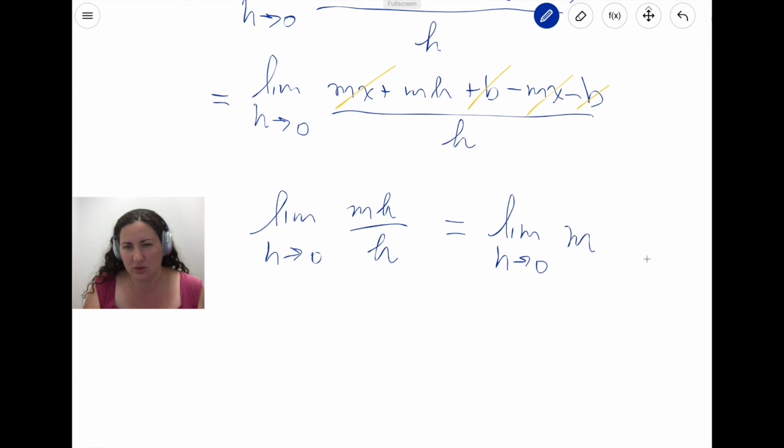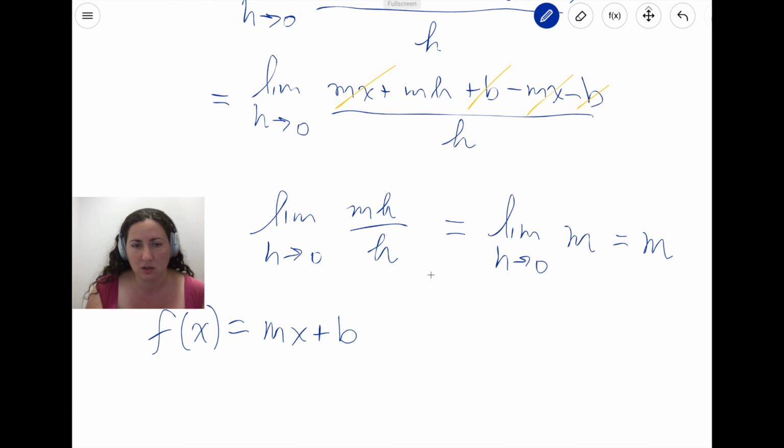And now we don't have any h's left in our expression, so m is basically a constant. So the limit as h goes to 0 of a constant will just be that constant. So the result is that if your function is linear, a straight line, mx plus b, where m and b are constants, then its derivative is just going to be m.